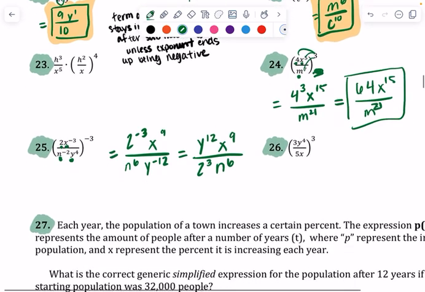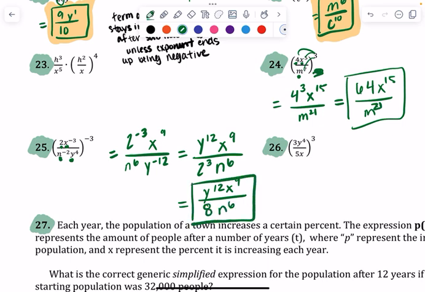Only thing you guys have to do is figure out what 2 to the 3rd is then. 2 to the 3rd power is 8. So just write that as the final value. Don't keep it 2 to the 3rd.